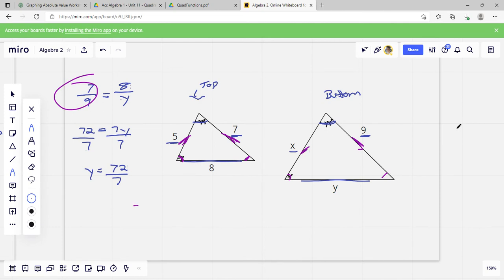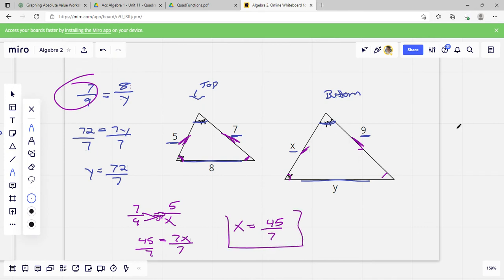So 7 to 9, and our top is 5 to x. 9 times 5 is 45, equals 7x, just cross multiplying, divide by 7, x equals 45 over 7. So there's the answer to that. You just make it into a proportion. Super easy.